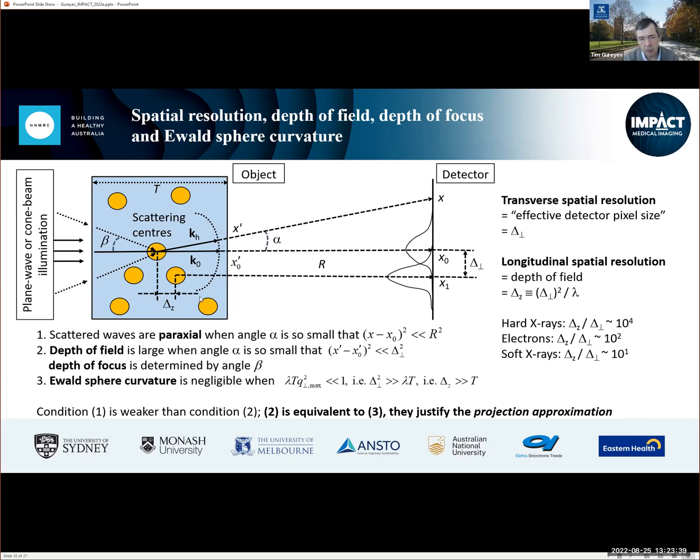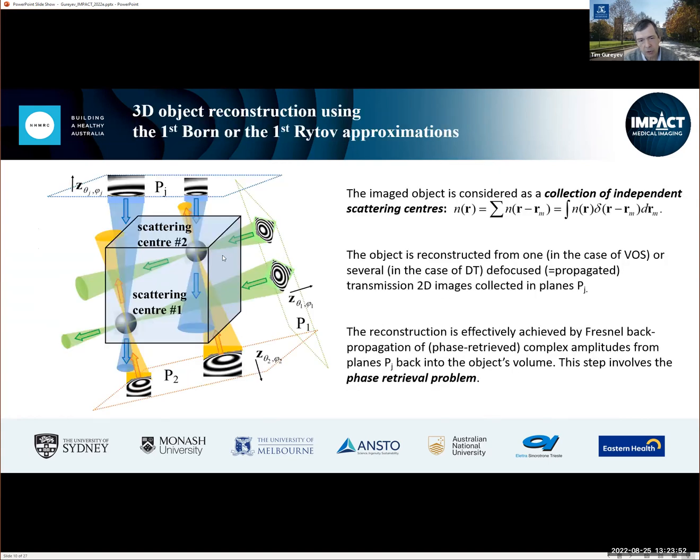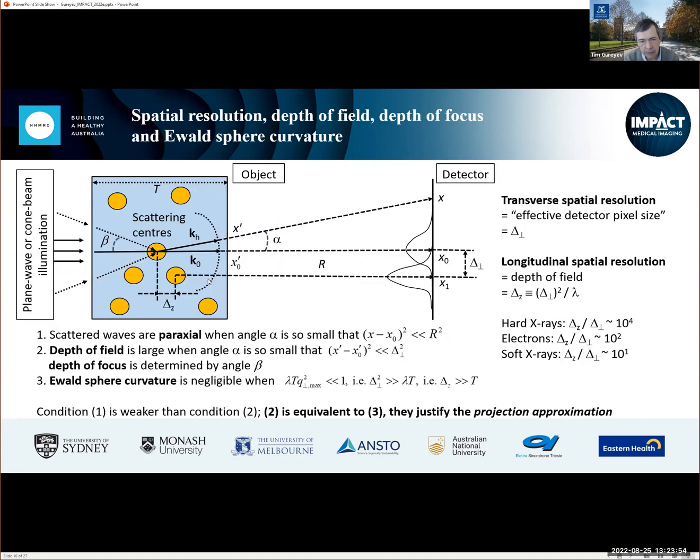One can also say that the Ewald sphere curvature, which is the surface circumscribed by these scattered vectors, becomes pretty flat because that angle is small. So the Ewald sphere is flat, the depth of field is large, and that's the typical regime of our work. But I want to investigate different options today because some of them are potentially quite interesting.